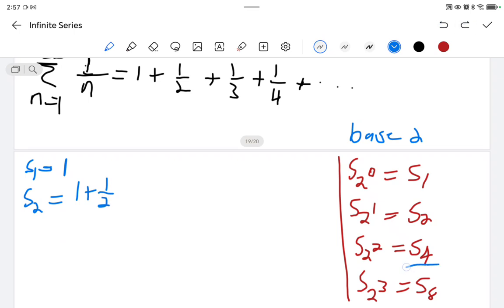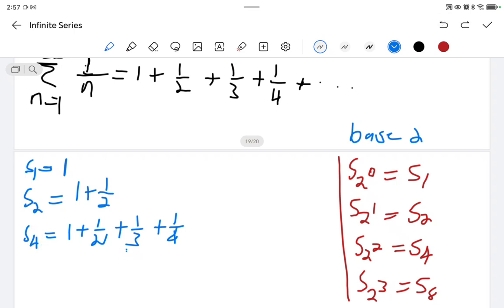After S2, we're supposed to take S4. So S4 is equal to 1 plus 1 over 2 plus 1 over 3 plus 1 over 4, taking 4 elements.